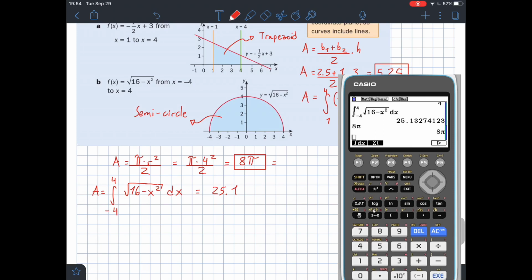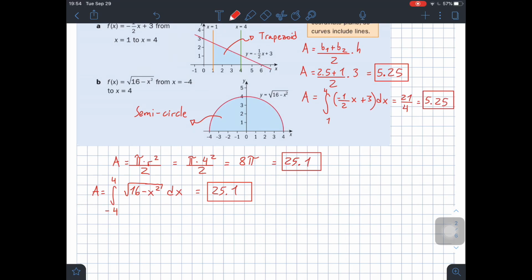So this area we found geometrically, using the geometrical formula, is 25.1, and we get exactly the same result, okay? So I think this is clear, right? We can find the areas under curves by using the concept of definite integral. Okay, so let's move on.